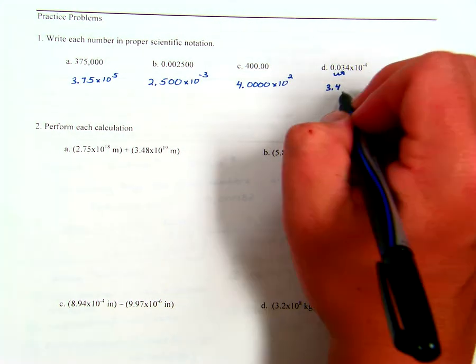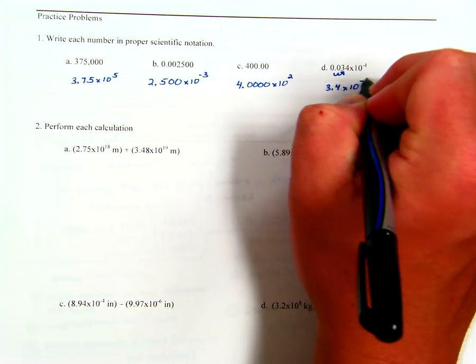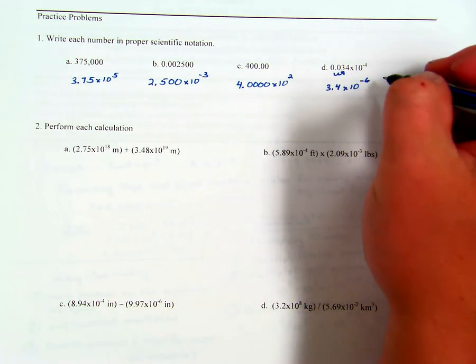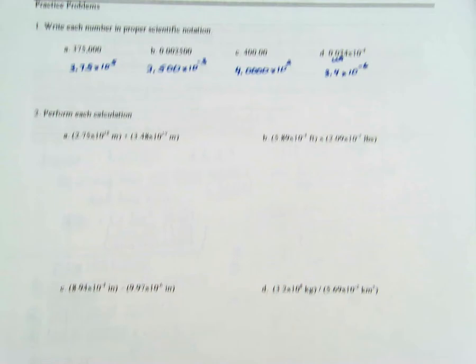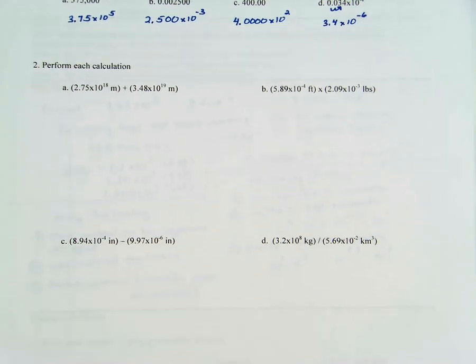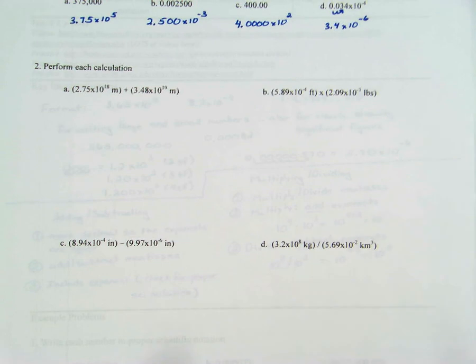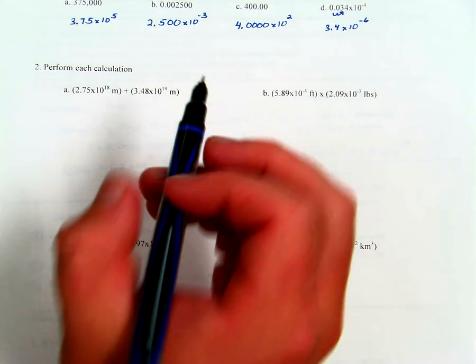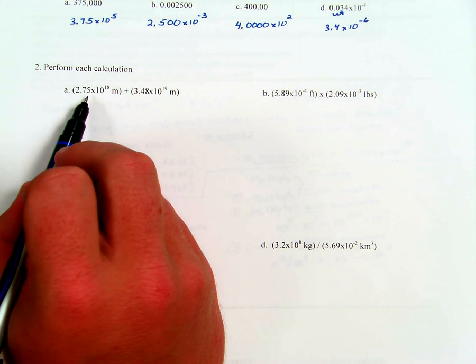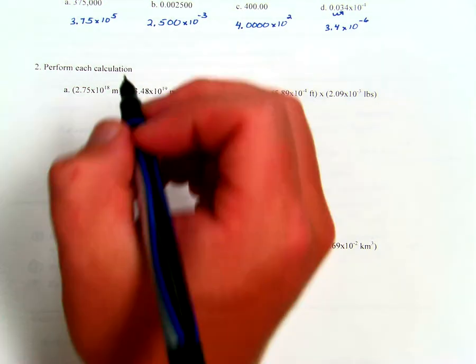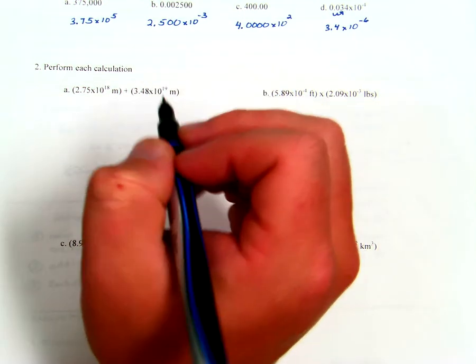Alright, the last part of the practice, we just have some of the calculations. The first practice, we have addition. So remember, our exponents need to be the same. I'm going to change the first one here from 10 to the 18th to 10 to the 19th. So to make the exponent bigger, my decimal needs to go left. If my decimal goes left one place, that would make this 0.275 times 10 to the 19th.